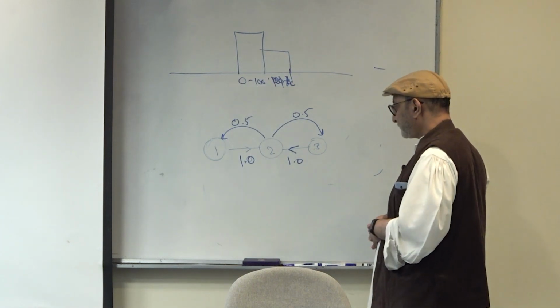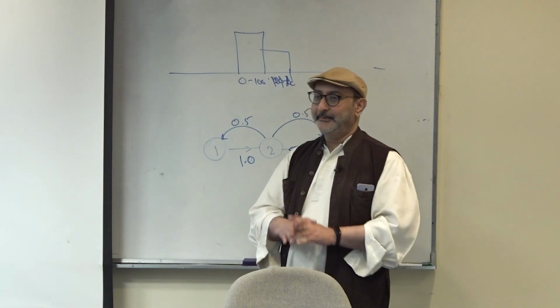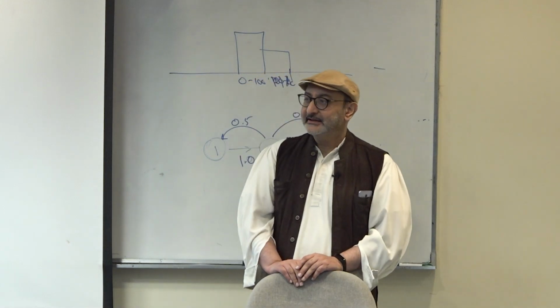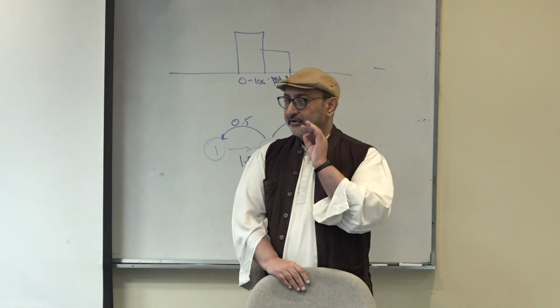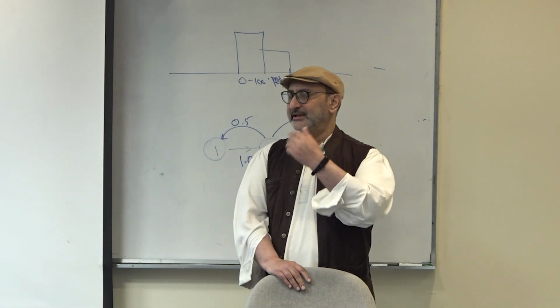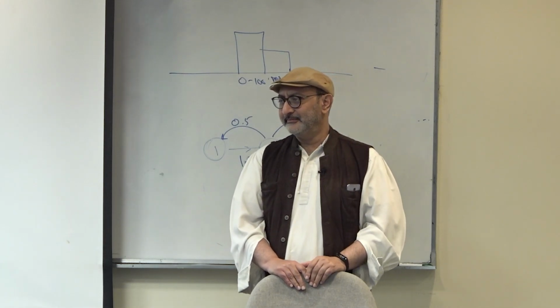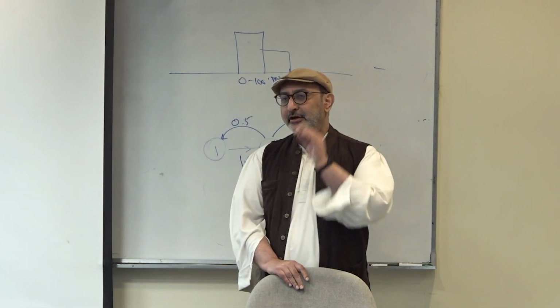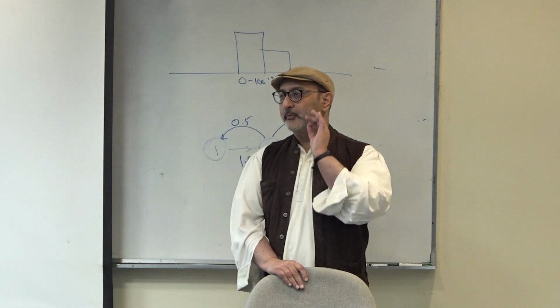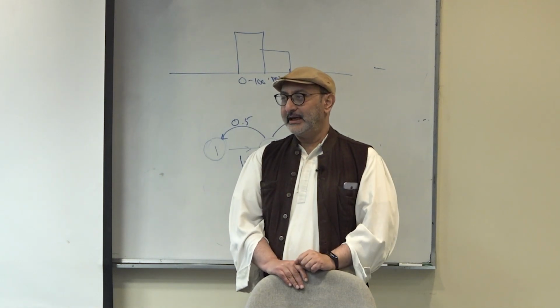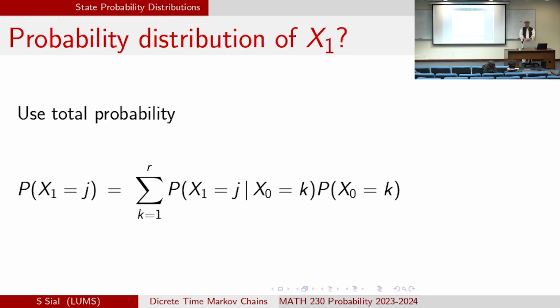Now, let's say your system resets every day. Let's say that it always starts in state 1 at time equals 0. What's the probability that at time equals 1, it could be in state 3?